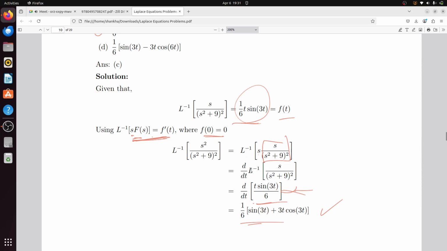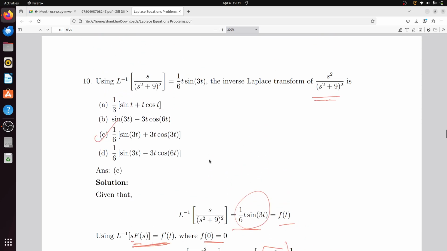So this is d/dt of t sin 3t by 6, the derivative of that function. Now if you take the derivative, that will be sin 3t by 6 plus 3 into t, you will get it from here, cos 3t. So 3t cos 3t. So that is how this works.